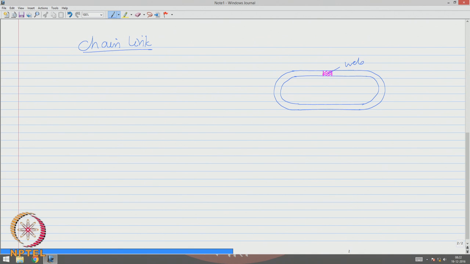Let us say this is a typical weld. The intradas part can have a fatigue damage, the crown part can also have a potential damage when the chain link is subjected to axial pull or push. Essentially, it will be pull.